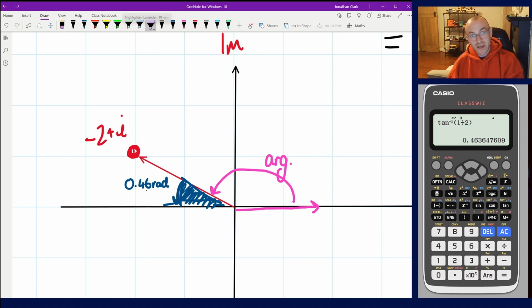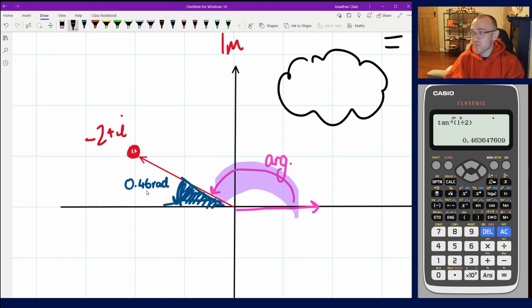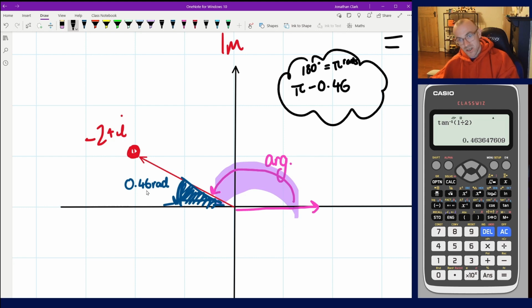But the thing that I want to get is here. So the fact I'm going to use is the fact about angles on a straight line, which in degrees would be 180 degrees. In radians, 180 degrees is pi radians. So to get this angle, I'm going to do pi take away 0.46, rather than 180 take away whatever it would be in degrees.